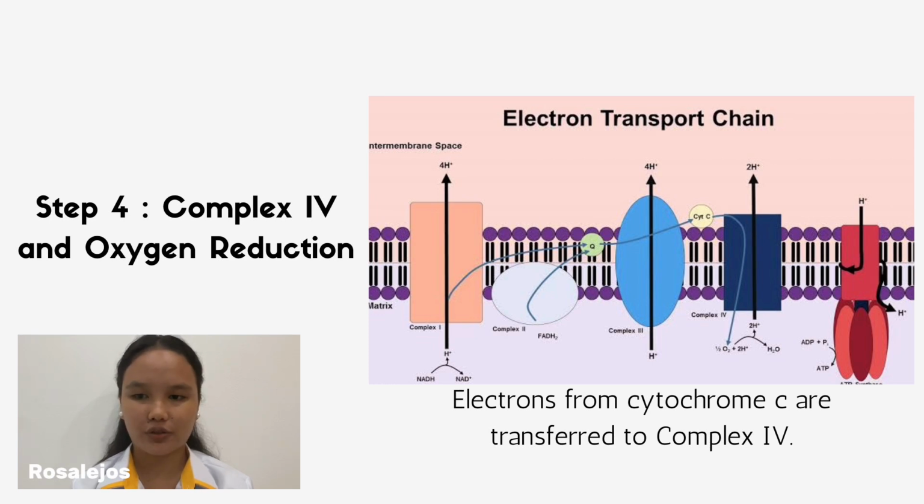This reaction is critical as it prevents the buildup of electrons, which would otherwise block the flow through the chain. At the same time, complex 4 pumps protons from the matrix into the intermembrane space. This adds to the proton gradient across the inner mitochondrial membrane, which is key for ATP synthesis.